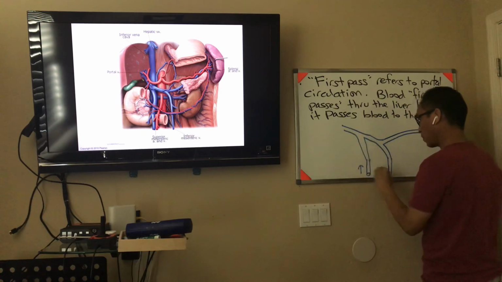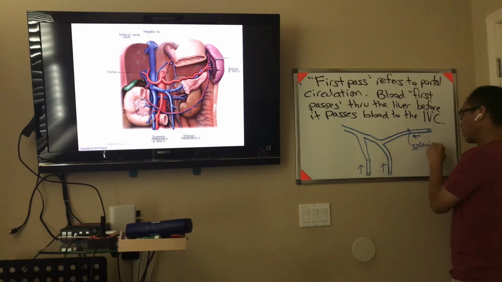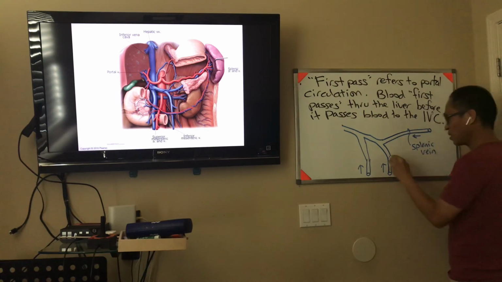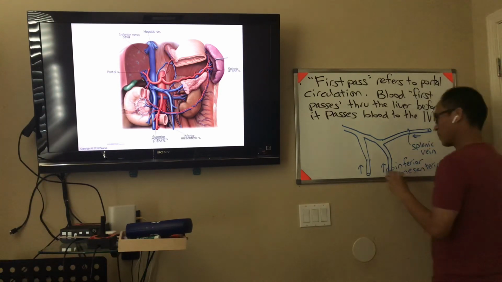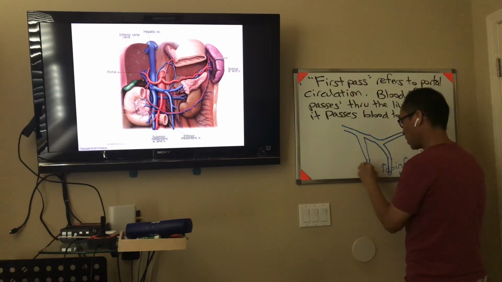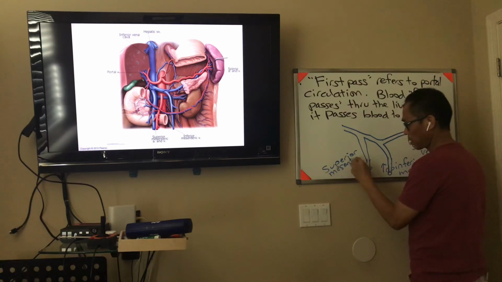So blood is all flowing up towards the liver. So that one is splenic vein. Here is inferior mesenteric vein. And this one is superior mesenteric vein.